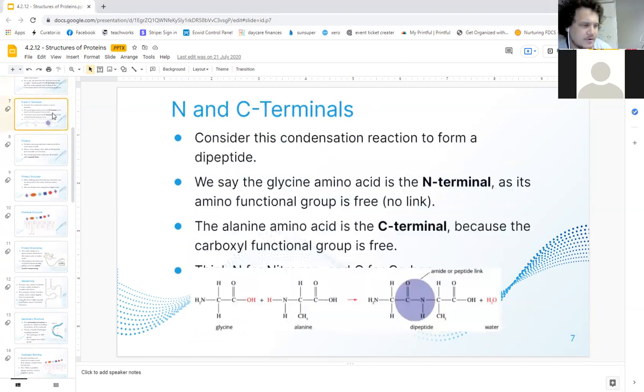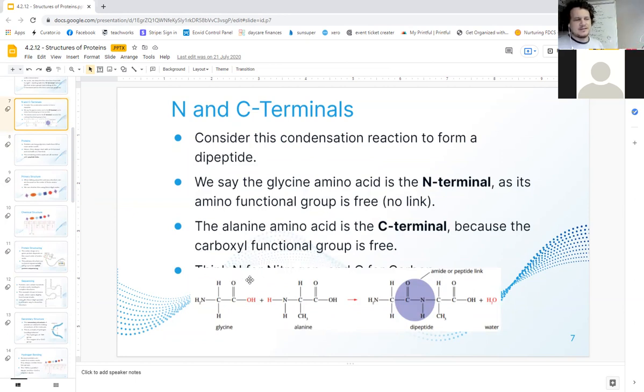So on the end, we've got our amino terminus. Glycine is on the N-terminal, or the amine functional group. It doesn't have a linkage.